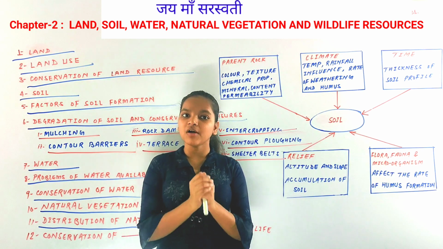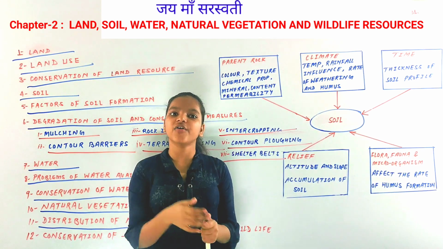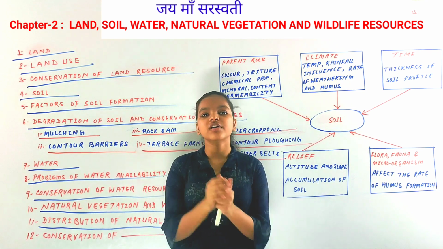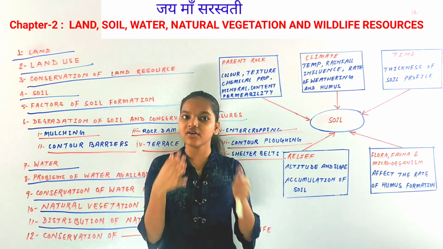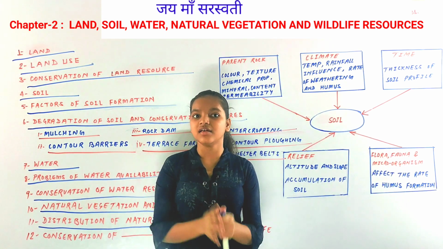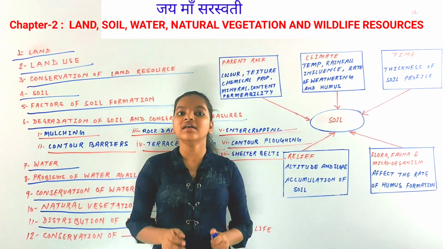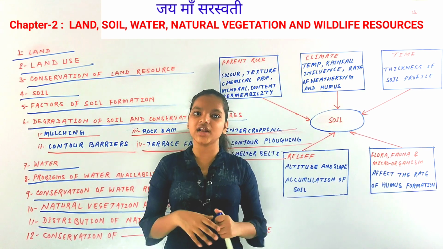Now forest can also be divided into evergreen and deciduous. Evergreen forests remain always green, that is, they do not shed their leaves in any season of the year. There is very high rainfall, so they don't have to shed their leaves.